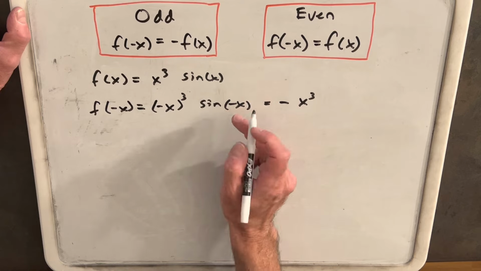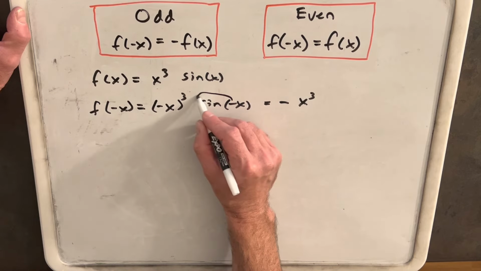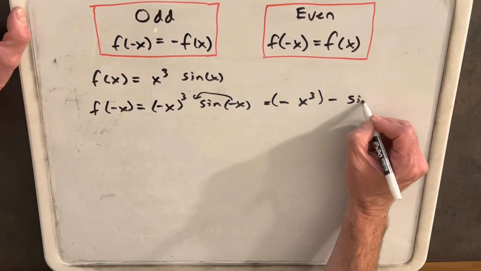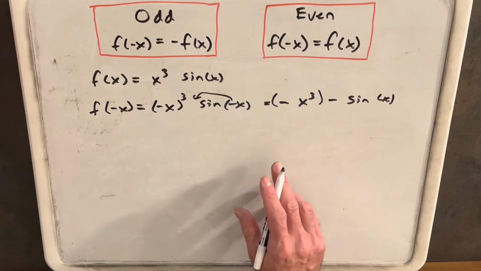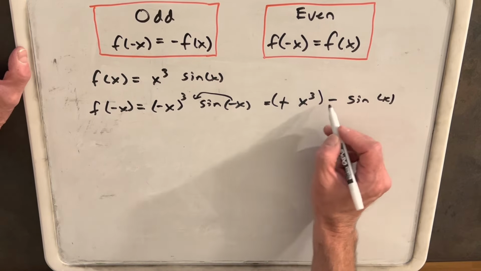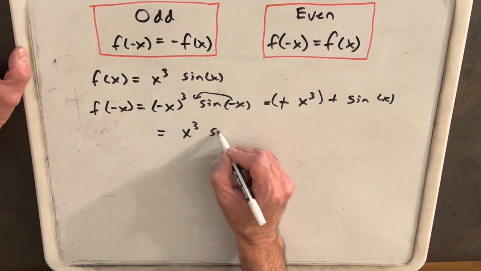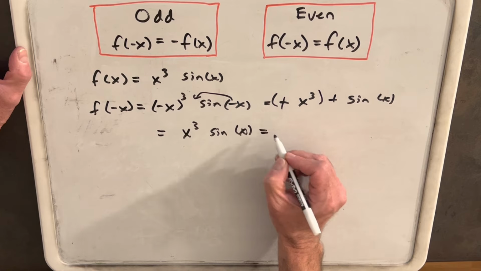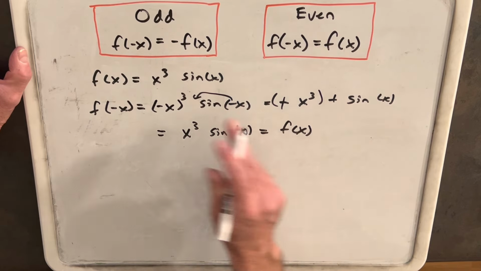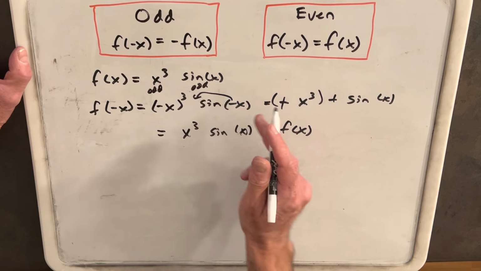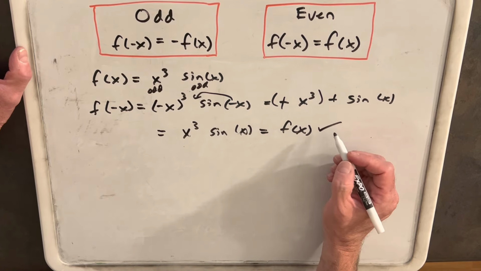Here, because sine x is an odd function, we can pull out the minus sign. So we'll have minus sine of x. But then minus times minus is going to be positive, and we're back to x cubed sine of x, which is just our f of x. So that shows that when we have an odd times an odd, we end up with an even function.